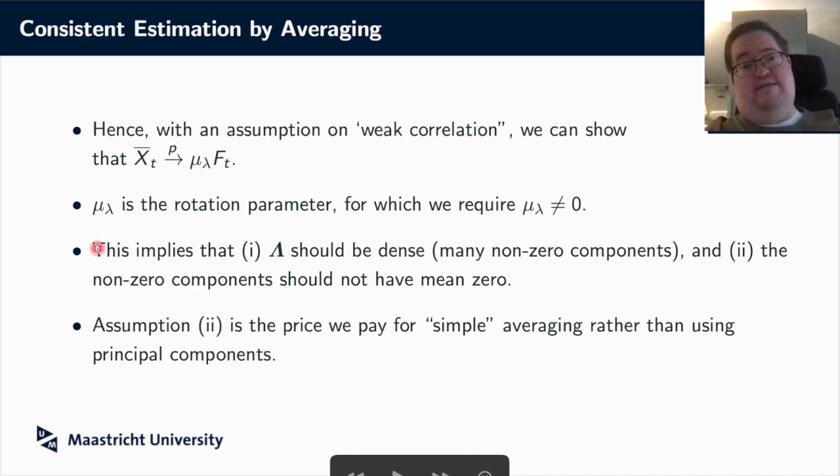So here we have again, coming back, this rotation, nu, this mean of the loadings. For that to be non-zero, we need to have many non-zero components, so dense loadings, and we need that the mean is also not 0. So this of course is something that we would not have with principal components, but that we now have on top with simple averaging.